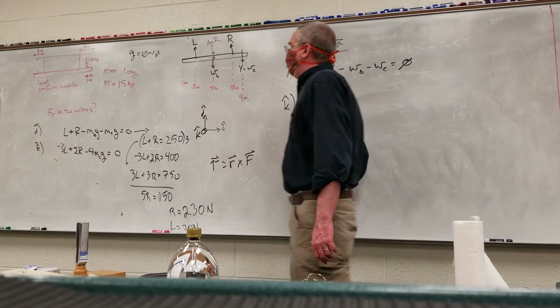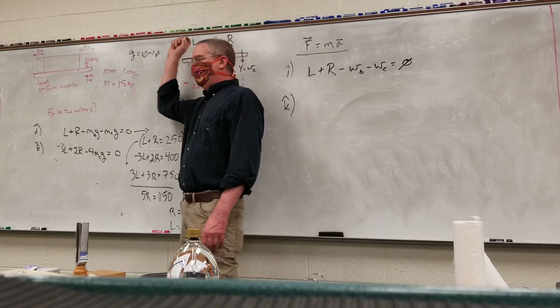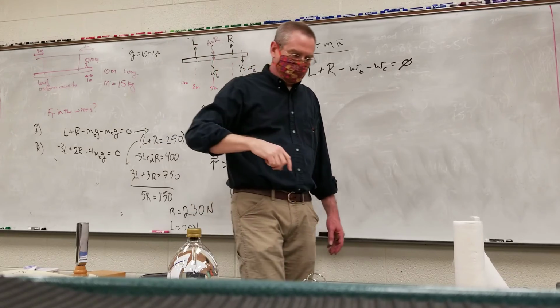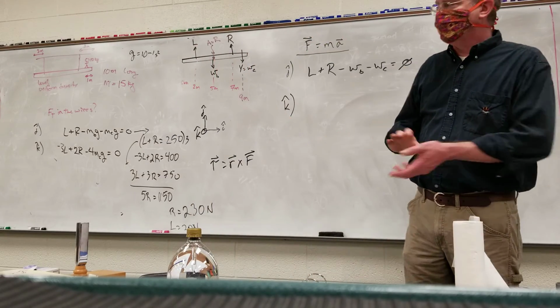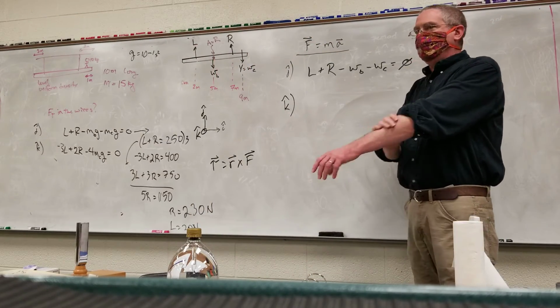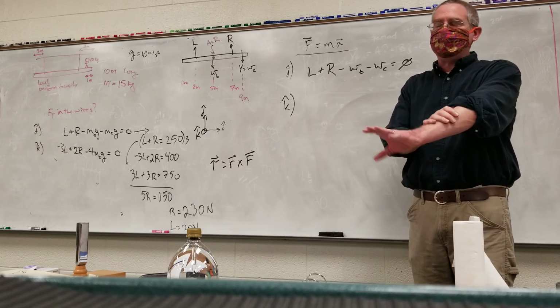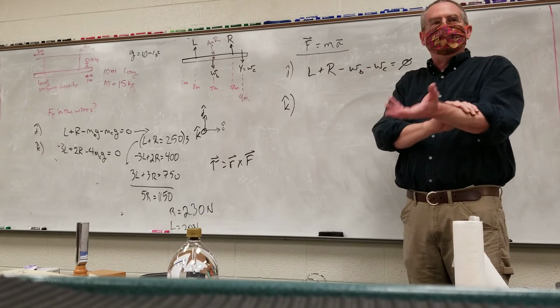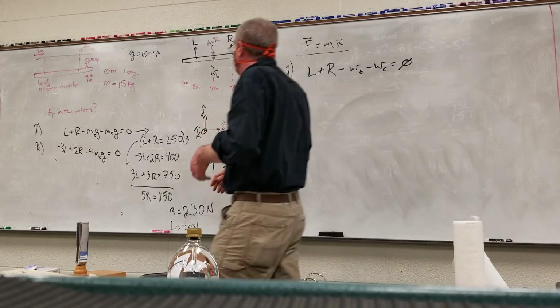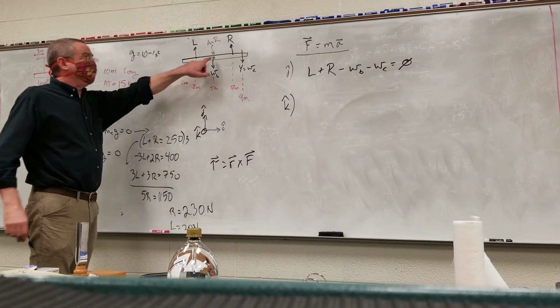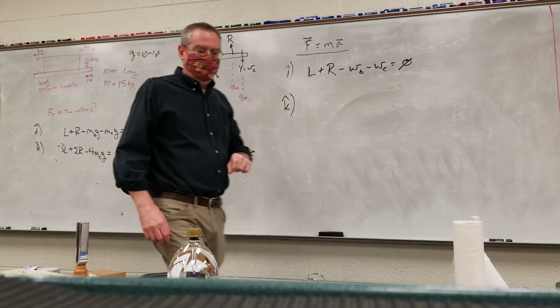Instead of going through the formality of it, I know that the moment arm and the force are perpendicular to each other. So all I really have to do is look at the magnitudes, and then I figure out the direction, the plus or minus, by using my hand. So this is my pivot point right here, in the middle.